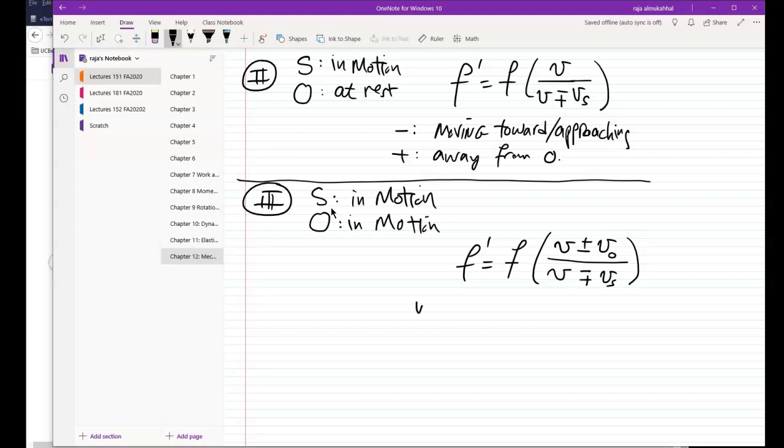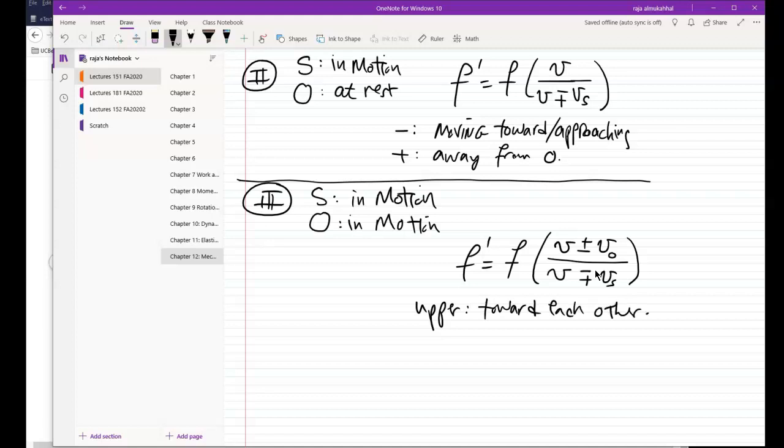Where the upper signs, in other words, the plus and the minus on top, mean the source and the observer are moving towards each other.